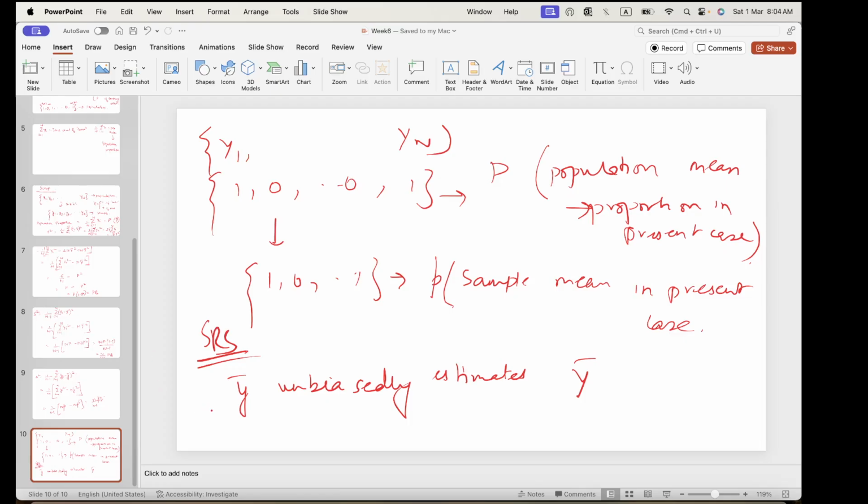So naturally, in case of proportions, small p will unbiasedly estimate capital Y bar, which is nothing but the population proportion.